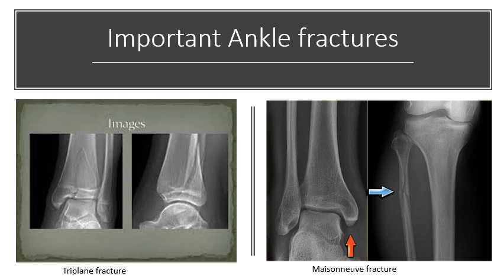Okay, there are dozens of ankle fractures, but there are a few ankle fractures which they like to ask in the exam. One is on your left side, you see a triplane fracture. Don't mistake it to be a Mason fracture. On the left hand side is a triplane fracture.